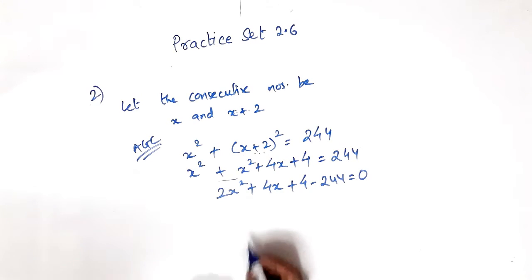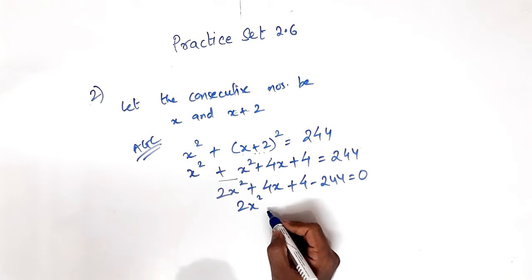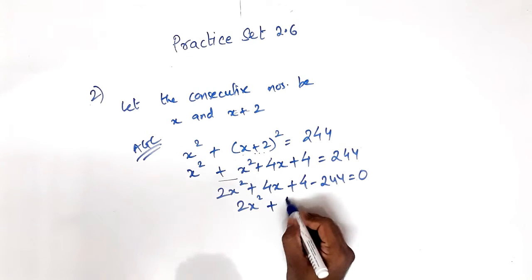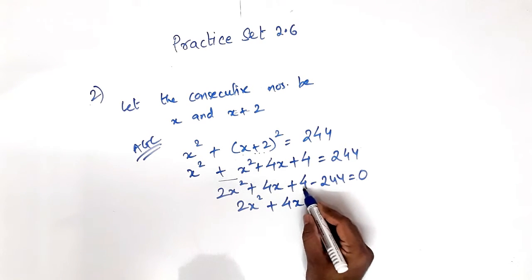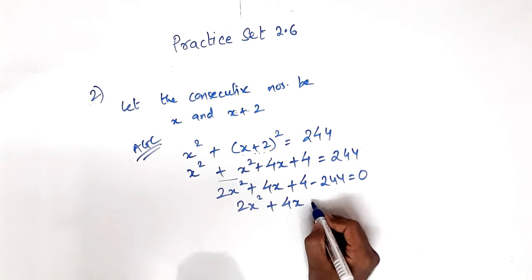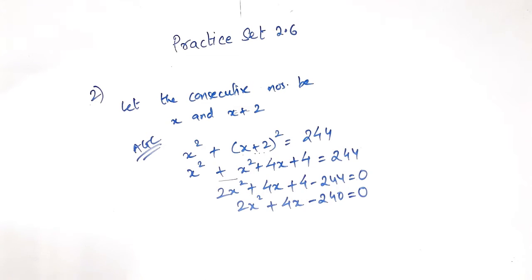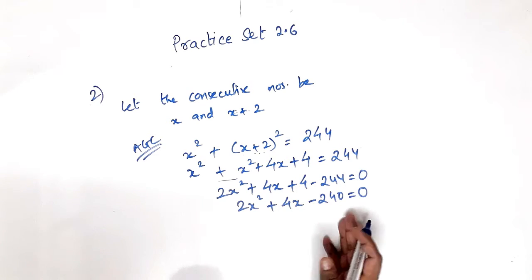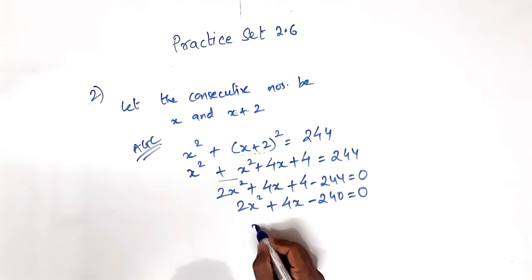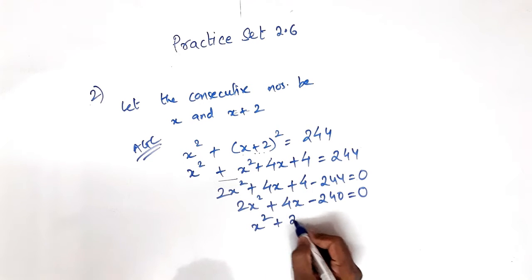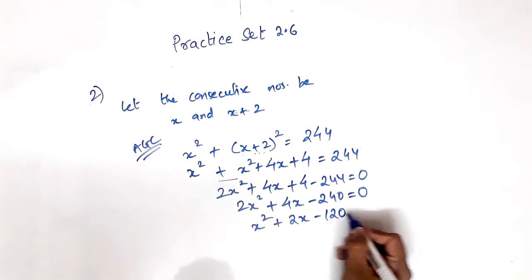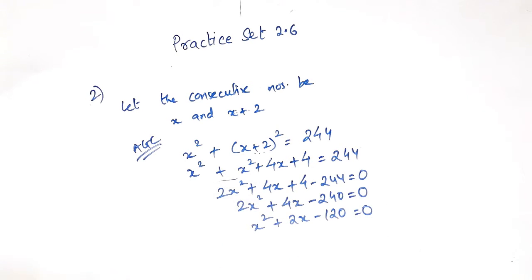Okay, now 2x square plus 4x plus 4 minus 244 is minus 240 equals 0. Okay, now you can easily see we can divide this by which number? We can divide this by 2. So it becomes x square plus 2x minus 120 equals 0.